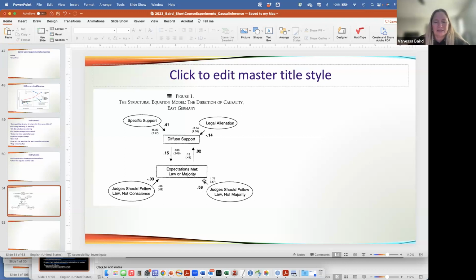Structural equation modeling allows stuff to co-vary, and it's a little more complicated than just saving the y hat, but it makes diffuse support a function of these two variables. And because that's the case, diffuse support is now not a function of expectations met, because this variable is a function of these two instruments.